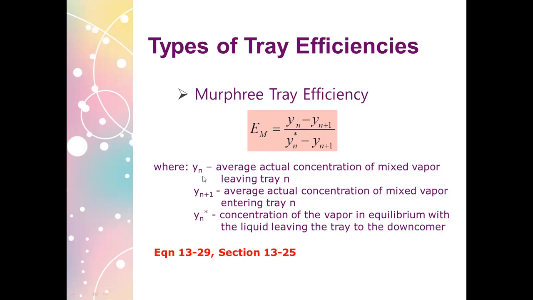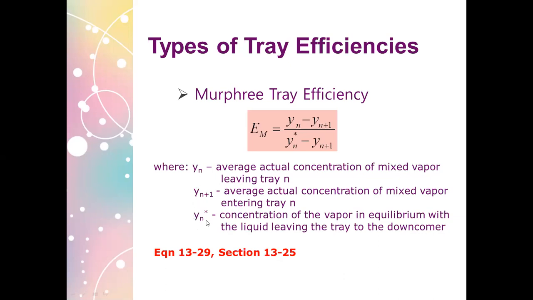Y sub n represents the average actual concentration of mixed vapor leaving tray n. The n plus 1 subscript is for the average actual concentration of mixed vapor entering tray n. So n plus 1 is for entering streams, averaged, and n is for leaving streams, vapor that is, because we are using y, also averaged.